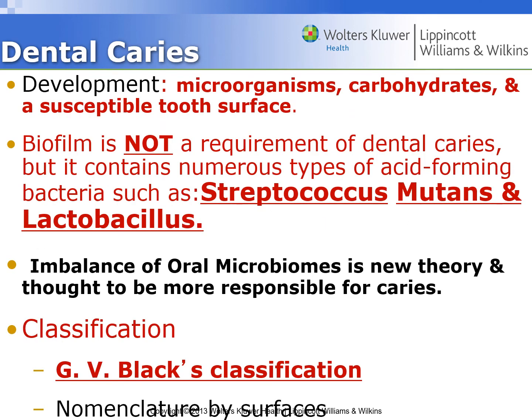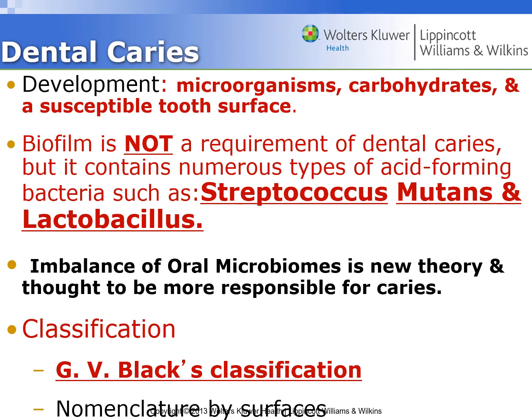So dental caries: it's microorganisms, carbohydrates, and a susceptible tooth surface. Those are the three things that you have to have in order to have decay, or a carie. Biofilm is not a requirement for decay, oddly enough.